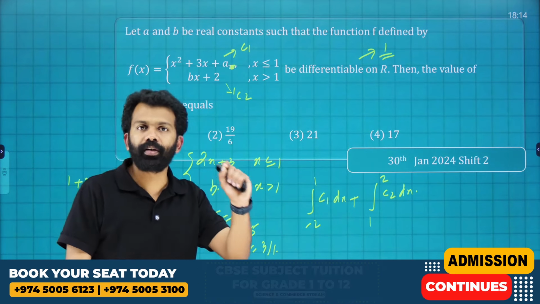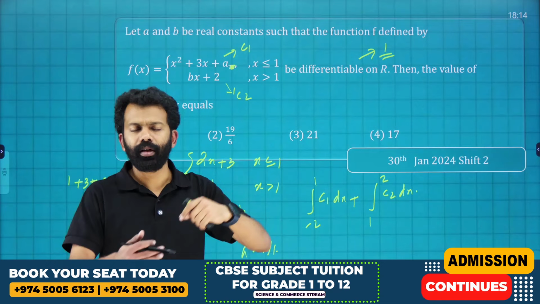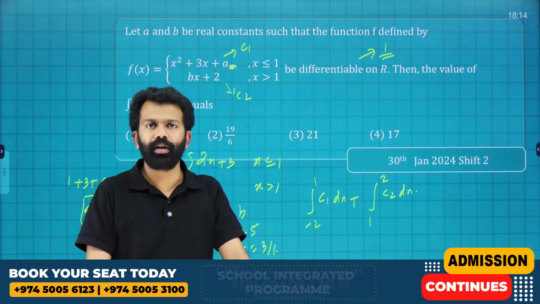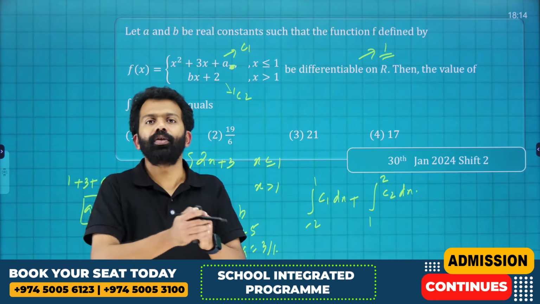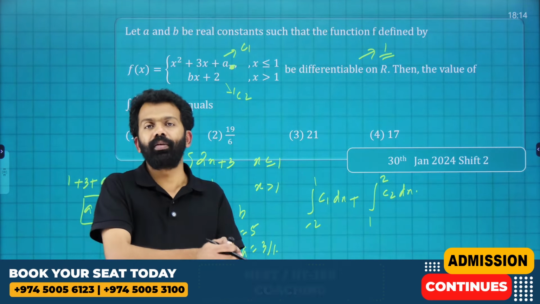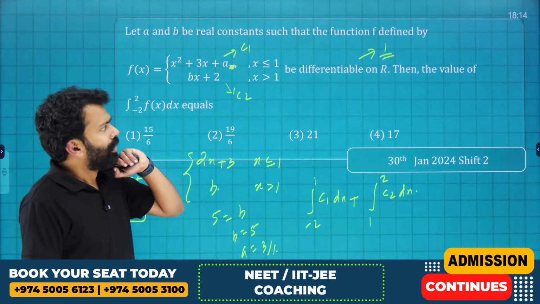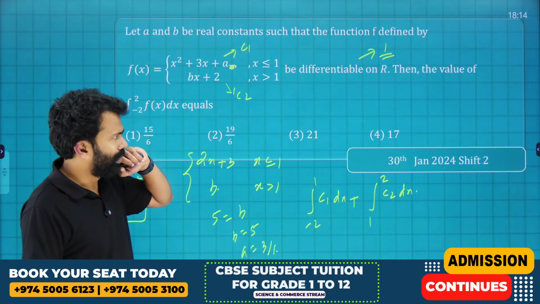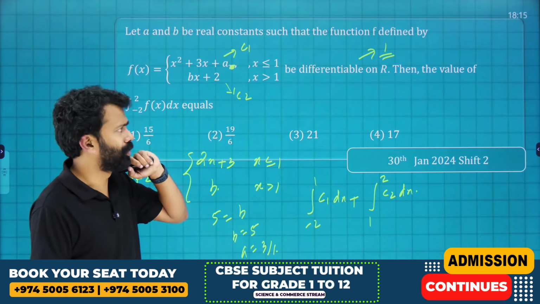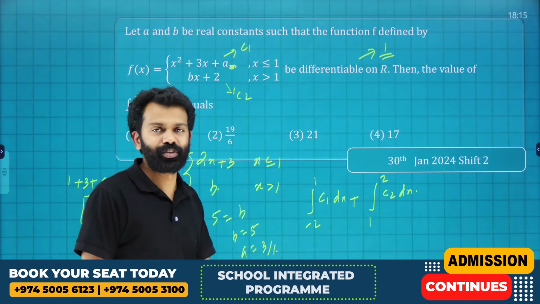You need to identify the point where the function's character is changing, and you need to apply the limit theorem and differentiability principle to find the unknown parameters and get to the final answer which is associated with the parameter. Okay, it is that easy. It's a very easy chapter and you can score more marks on this chapter, and it is time saving also. Hope you got the idea here. We can move to the next one.